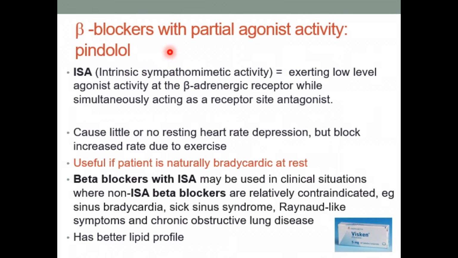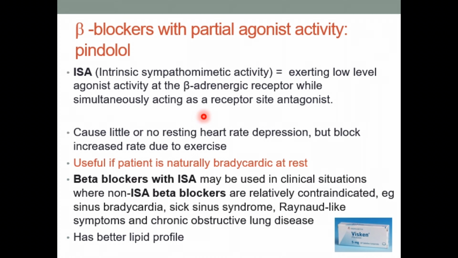The last drug that we are going to cover here is the unique beta blockers with partial agonist activity, or what we call a beta blocker with ISA. Okay, an example is pindolol here. ISA meaning when it binds to the beta receptor, it will actually exert a low level of agonist activity, while at the same time it acts as a blocker, as an antagonist.